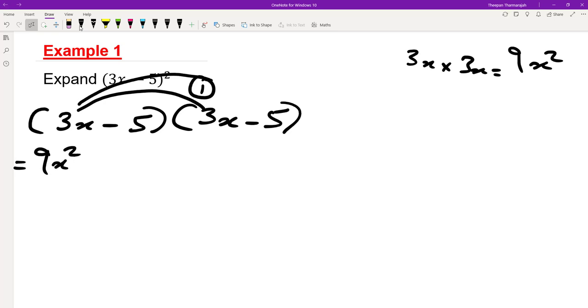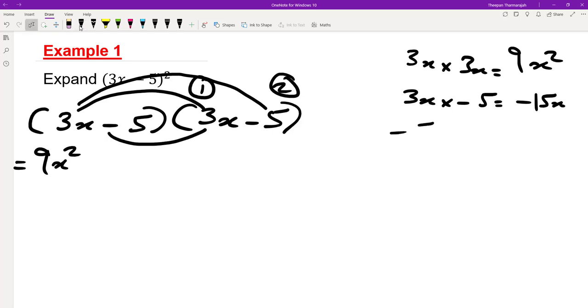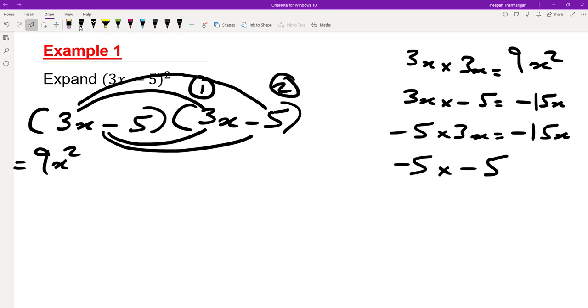The second step is going to be 3x times minus 5, which is minus 15x. And then we get minus 5 times 3x, which is minus 15x. And then we get minus 5 times minus 5, which is going to be positive 25.